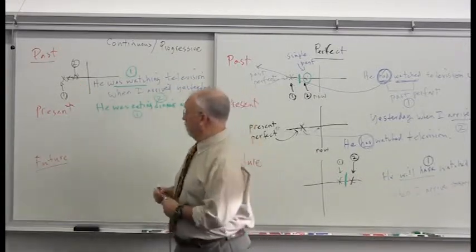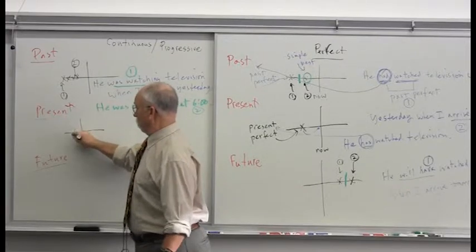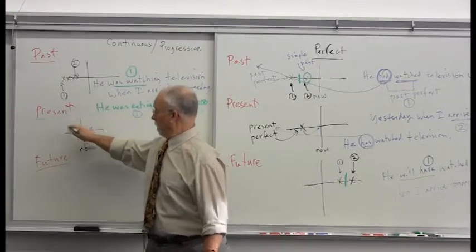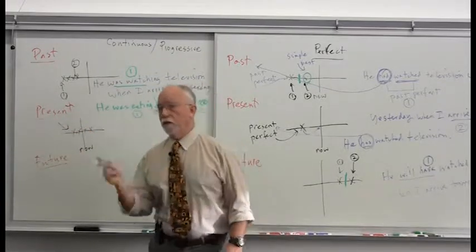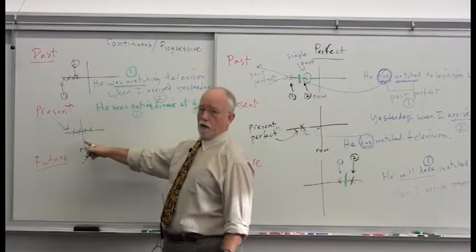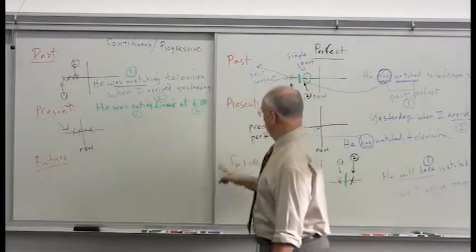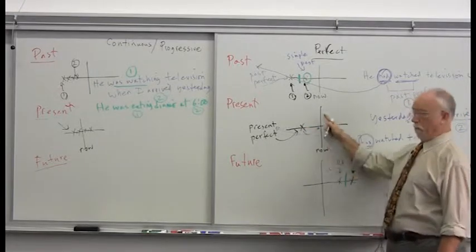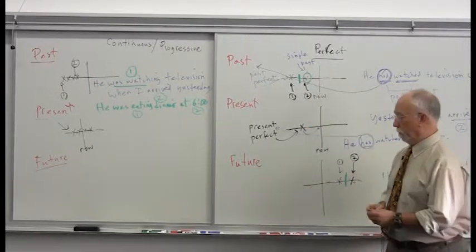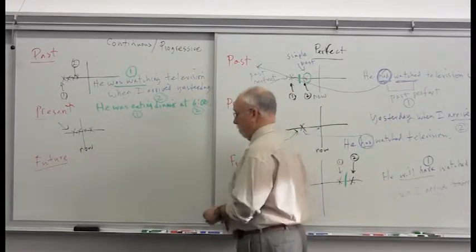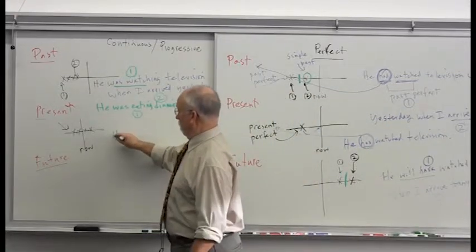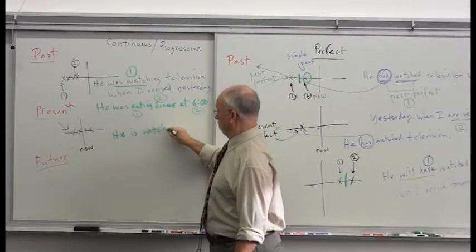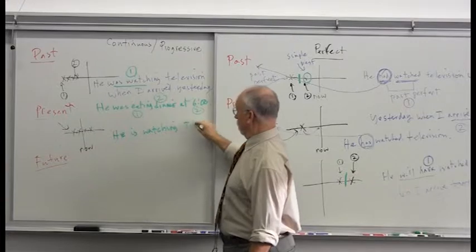Likewise, for the present continuous, it looks like this, where here's now. This is the action that began in the past, but when we reach now, it's still happening. Over here, there was the first action that occurred sometime before now. It's a completed action, all right? So here we can say, he is watching TV.